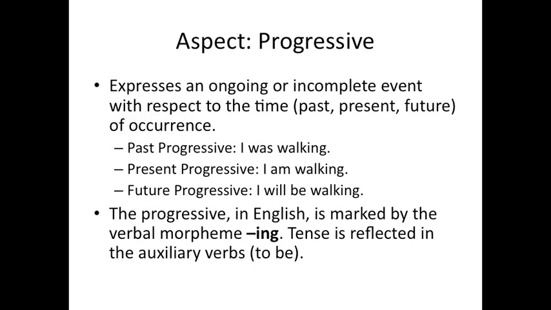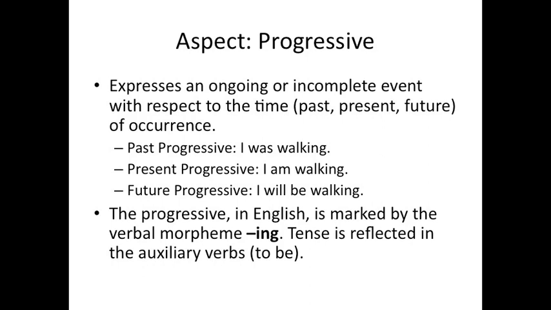So with the past progressive, if you notice, you see this auxiliary again surfacing like we saw in the perfect aspect, but instead of the -ed morpheme that's placed on the end, you now have this -ing, which is marking the progressive.